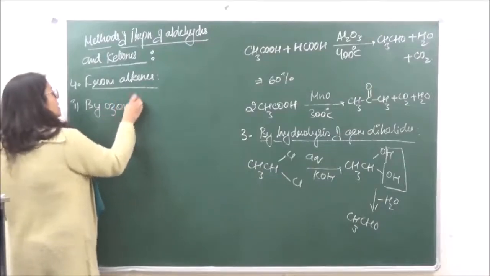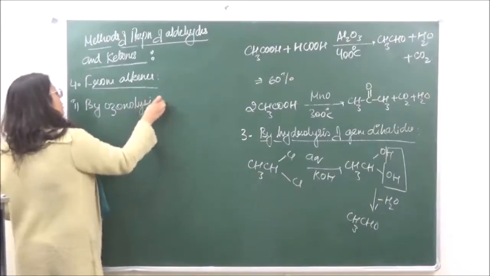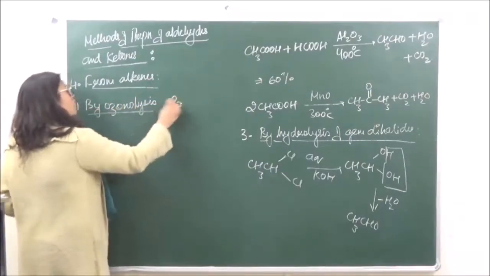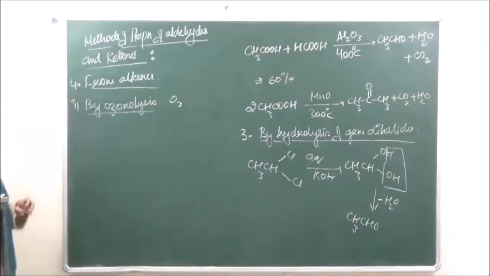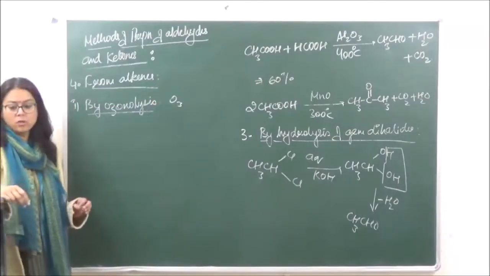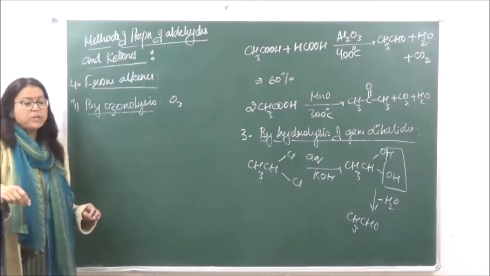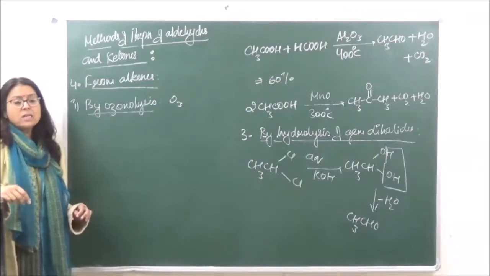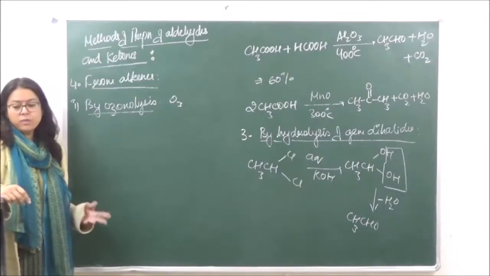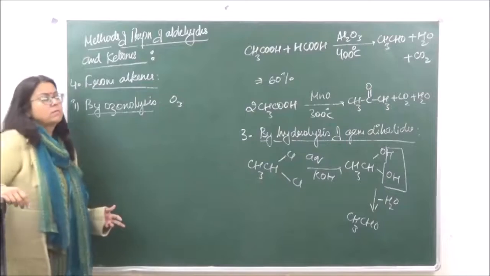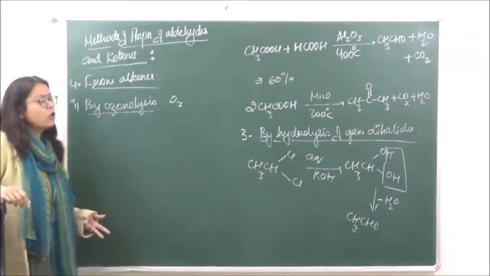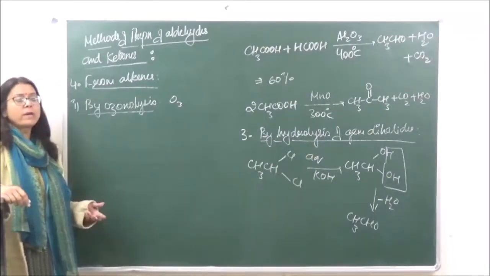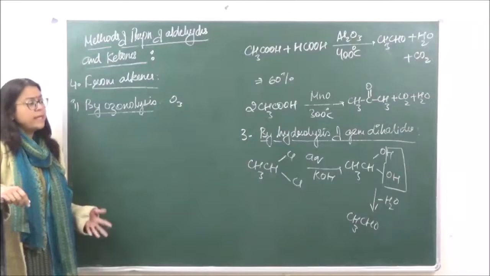Ozonolysis is the addition of ozone, also known as reductive ozonolysis. Okay. Now in this we are going to dissolve the alkenes in an inert solvent. So as inert solvent you can take either CCl4 or methylene dichloride, that is CH2Cl2. Either of the two.